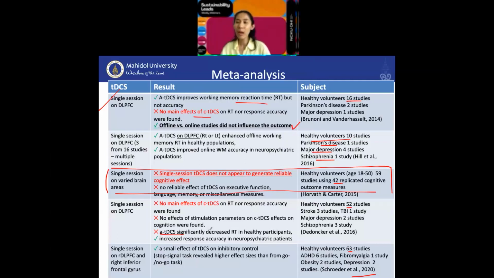And the last one, on inhibitory control in ADHD, healthy, depression, and fibromyalgia people, also found a very small effect of tDCS. So from this, we can pick up that maybe single sessions are not a good choice. Cathodal probably not a good choice. And you can do online, offline, whatever you want. And in psychological people, it probably works, but the effect is not much.